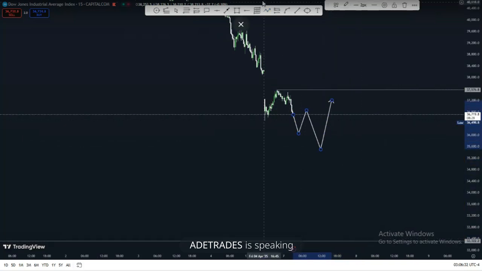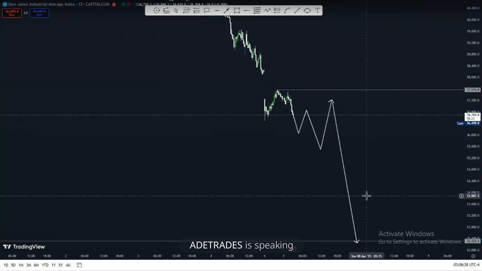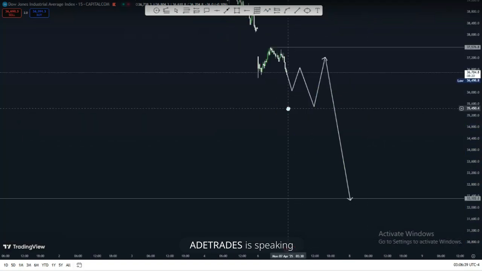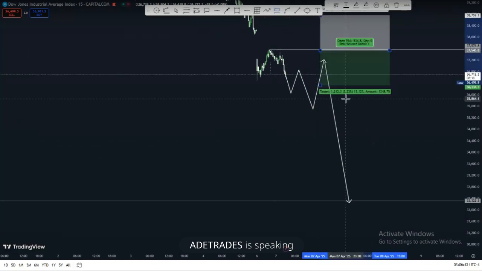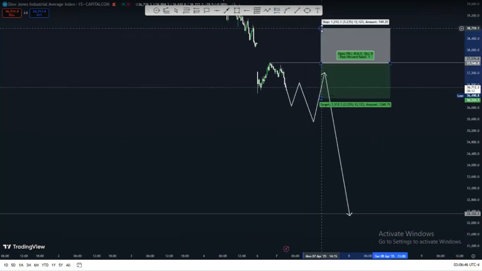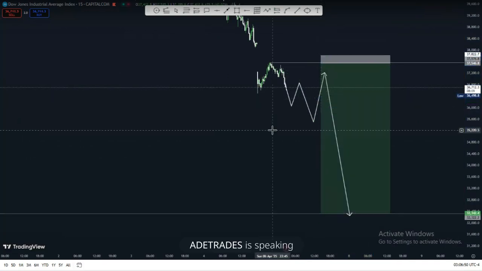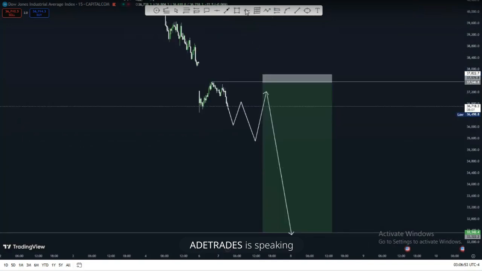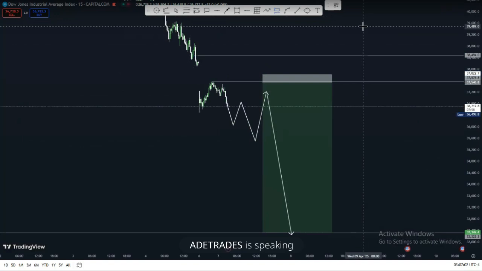So that's basically what I am looking at on US 30 currently. So that we have these shorts to this level, or we have these shorts. Hold on, sorry.